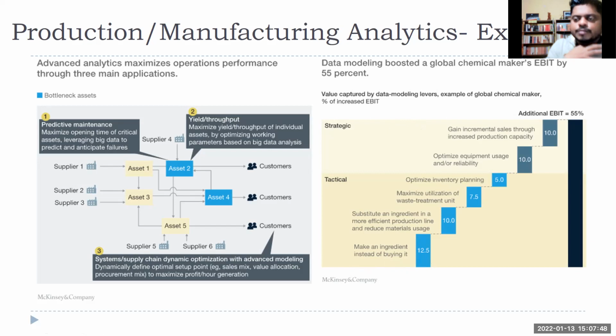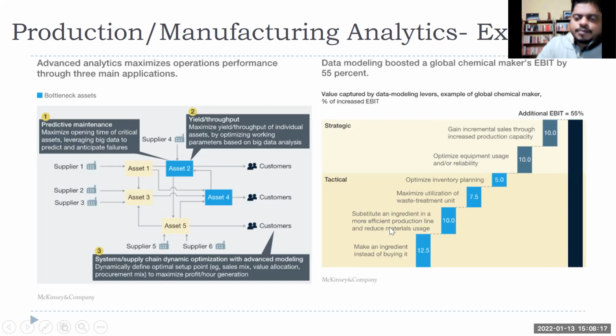Shall I manufacture this item, or shall I outsource it to a third party? Out of, let's say, hundreds or thousands of components, how many should I actually manufacture in my assembly line, and how many should I outsource to a third party? Sometimes outsourcing that work can be much more beneficial, unless it is a patented technology.